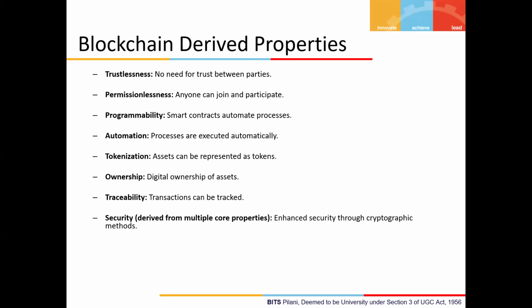So anyone can find that out. Next is security. That is all derived from multiple core properties. Like security is coming from the consensus mechanism, then decentralization, and then cryptography we use to ensure the security of the blockchain.